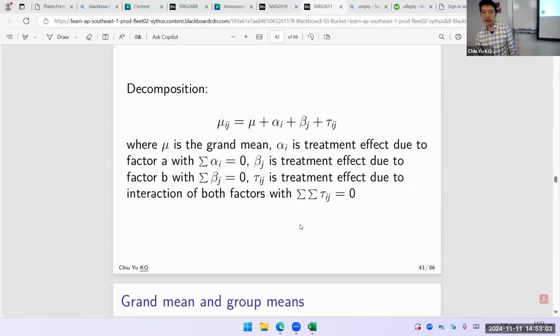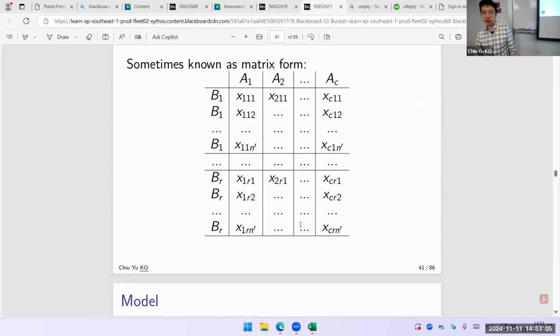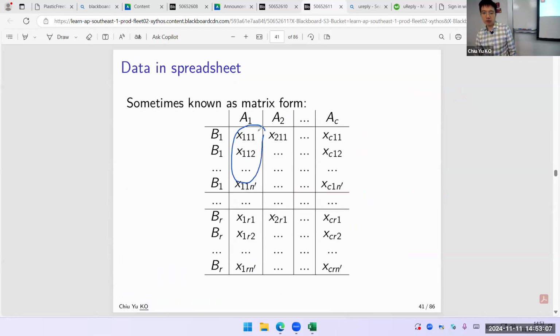So basically this guy is X bar 11, just focusing on group number 1 from A and group number 1 from B, and everything there with the mean. Once we have that, we can define all the things we want.